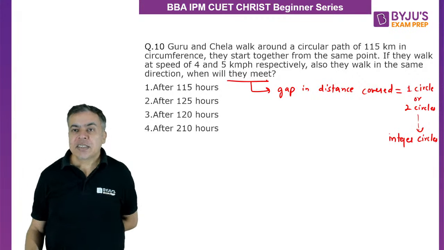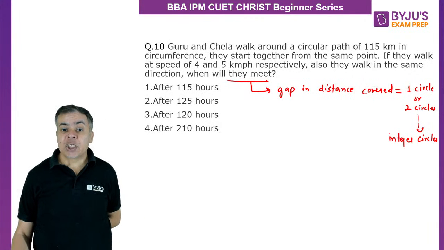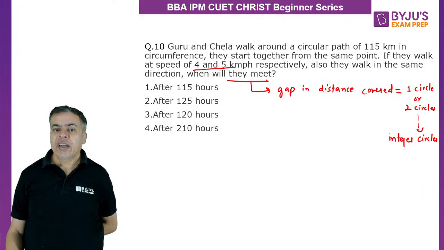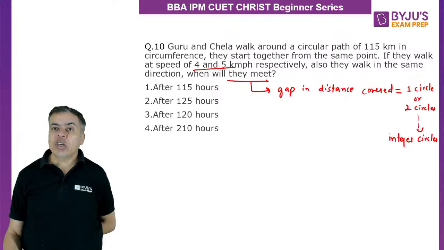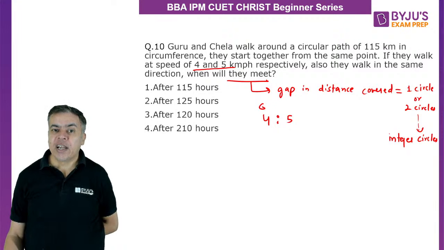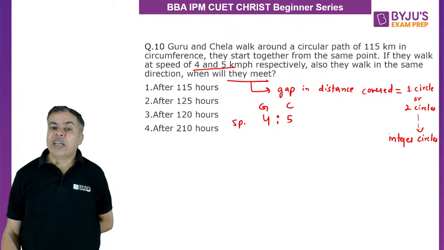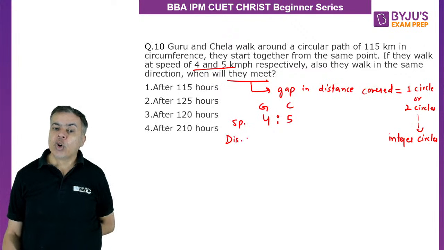Now the thing is, if the speed ratio is 4:5, it can be Guru and Chela. So when Guru will cover 4 circles, Chela will cover 5 circles.